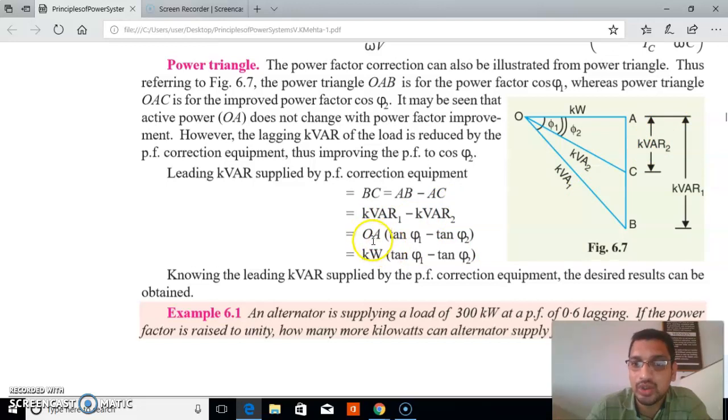That equals OA into tan phi 1 minus tan phi 2. OA tan phi 1 is equal to kVAR1, since tan phi 1 is kVAR1 by kW. And OA is kilowatt, so BC equals kilowatt into tan phi 1 minus tan phi 2. That's all.